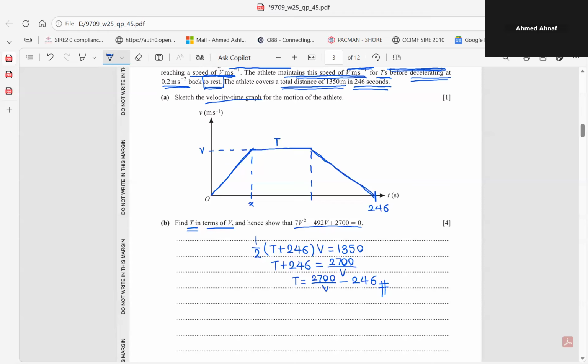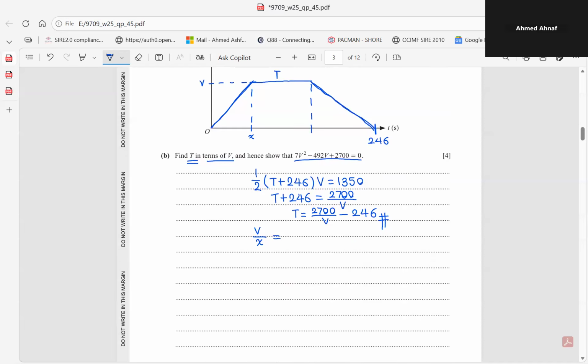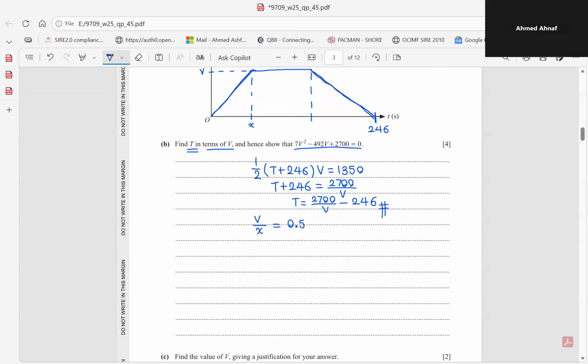So y2 minus y1, where y2 is v, y1 is 0, and x2 is x, x1 is also 0. So it's just v over x, which equals 0.5 meters per second squared. Let's express this x in terms of v. So it's just going to be 2v. So this is your first equation.